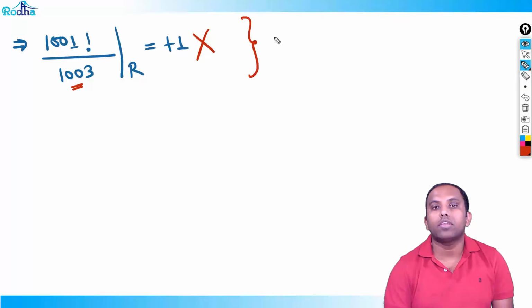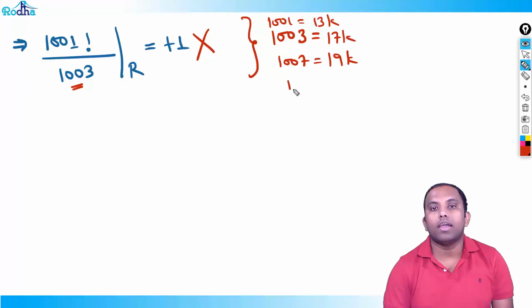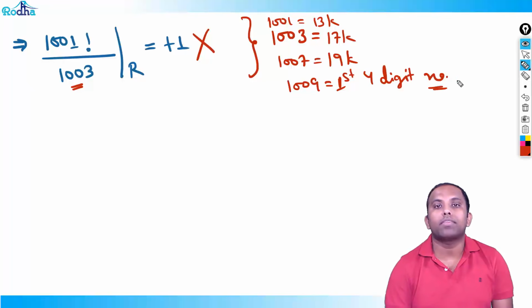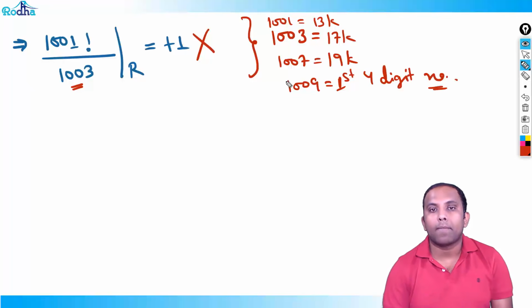I have told you 1001 is a multiple of 13, 1003 is a multiple of 17, 1007 is a multiple of 19, and 1009 is the first 4-digit prime number. We have discussed this earlier in numbers, basics and factors. So 1003 is a multiple of 17, exactly 17 into 59.